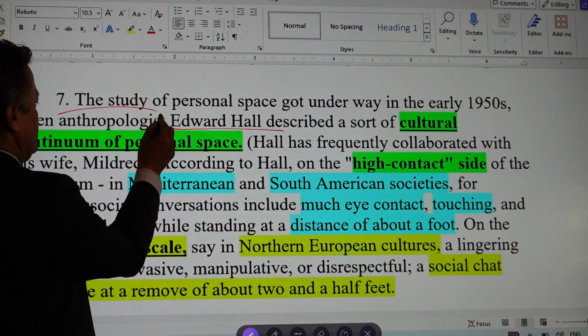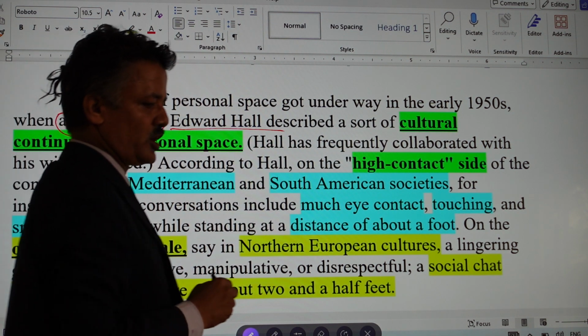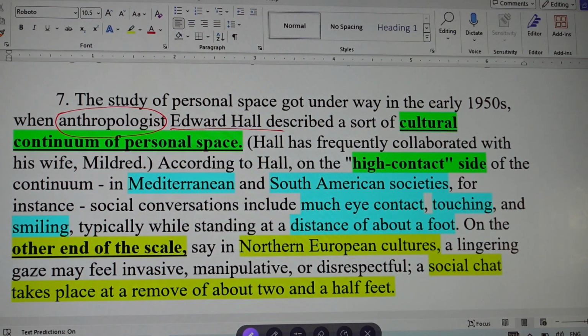He is an anthropologist. Who is an anthropologist? One who studies the development of human beings and society, particularly humans. One who studies the development of humans is called an anthropologist.